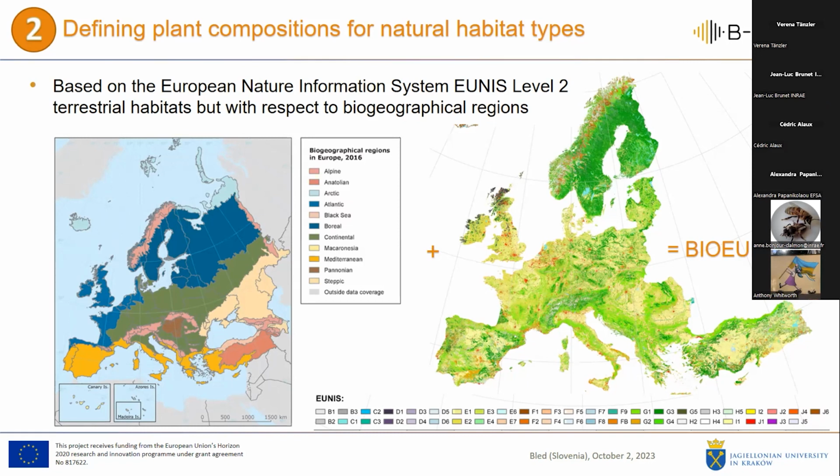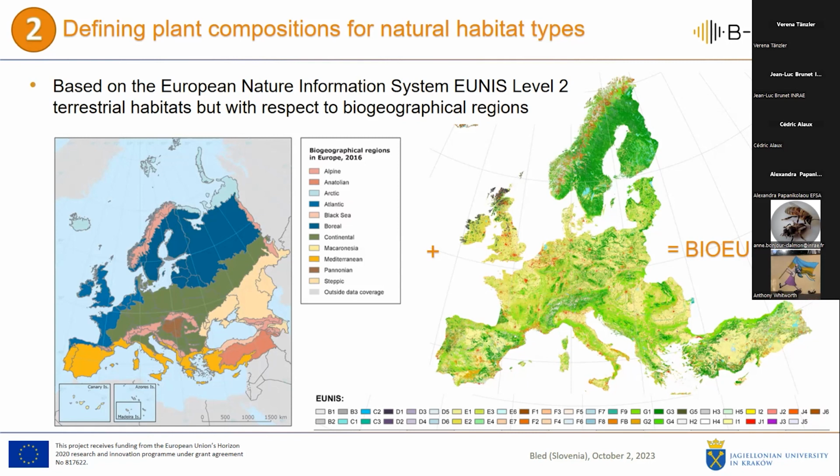So for natural habitat types, we could use what is called EUNIS, the European Nature Information System. We use it at level 2. Here you see the map of these different habitat types at level 2 of the system. There are 45 of them. And what we started with was the information about the composition of species within these habitat types.